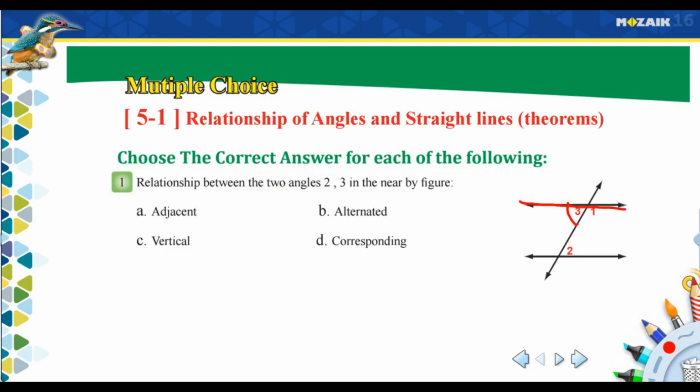That is a line parallel to that line. What are they: two adjacent angles, two alternate angles, two vertical angles, or two corresponding angles?